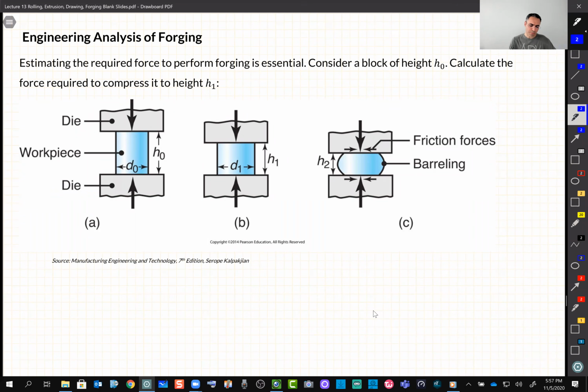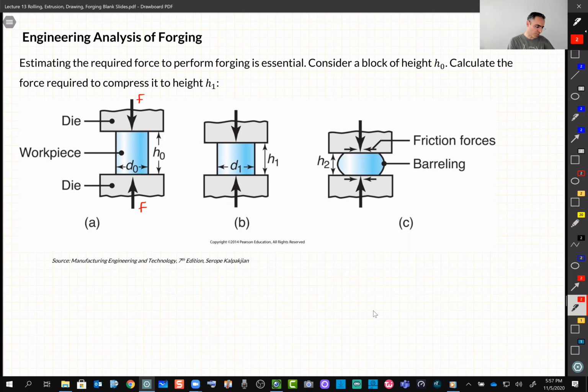So as I said at the beginning, we want to apply our basic engineering knowledge to calculate how much force we need in forging. Let's say I'm applying a force F, and of course an equal force at the bottom, but usually the bottom is fixed.